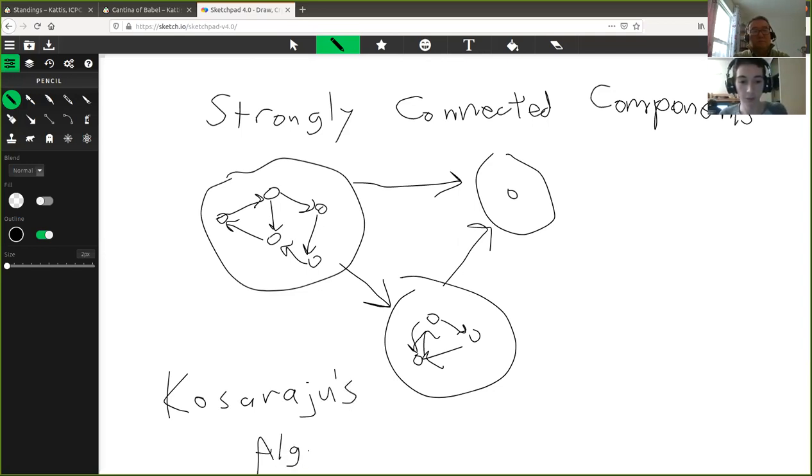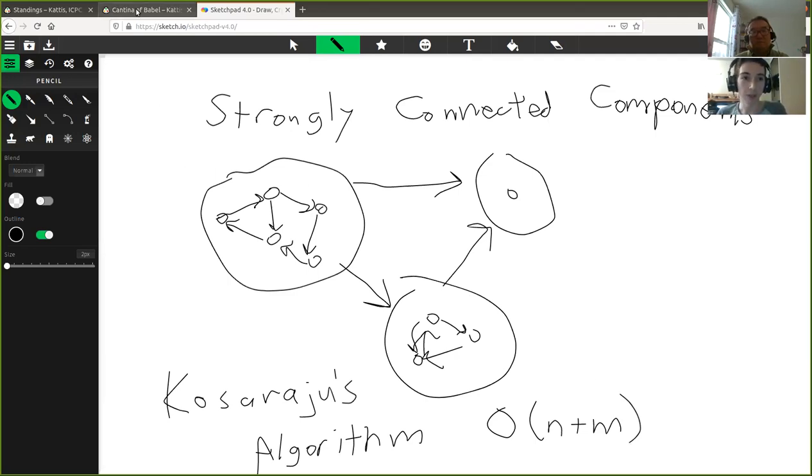So you can look this up on your own or ask questions later, but I don't want to go into detail about how it works. But it solves the problem of strongly connected components in linear time using two depth-first searches.